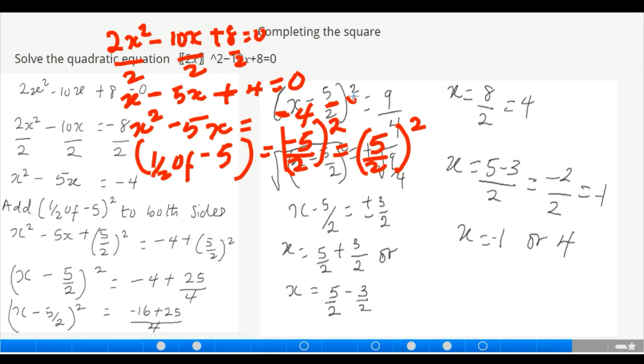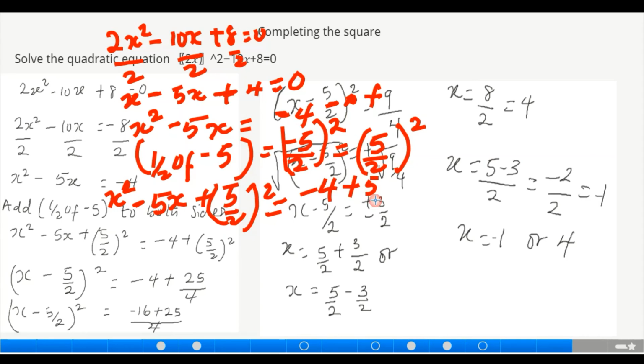Having 5 over 2 all squared, we are now adding it to this expression. Let's call this expression f. So we are adding 5 divided by 2 all squared to expression f. Now we have x squared minus 5x plus 5 over 2 all squared equals, we are adding to the other side minus 4 plus 5 divided by 2 all squared. If we are factorizing this, we want to get the perfect square of this expression.